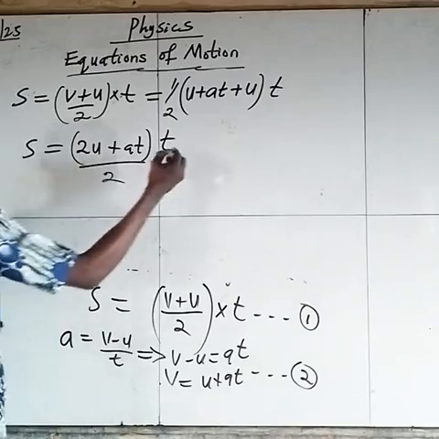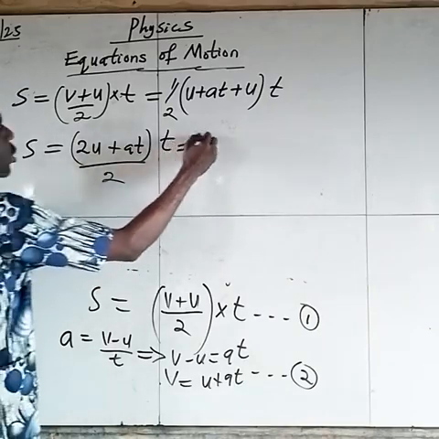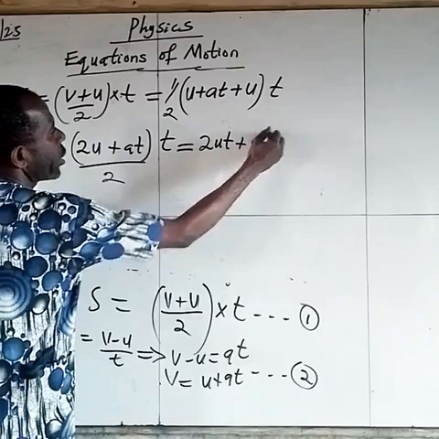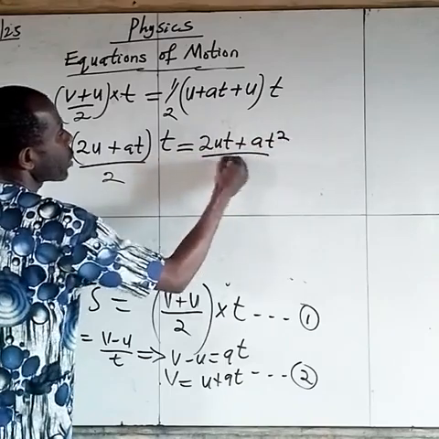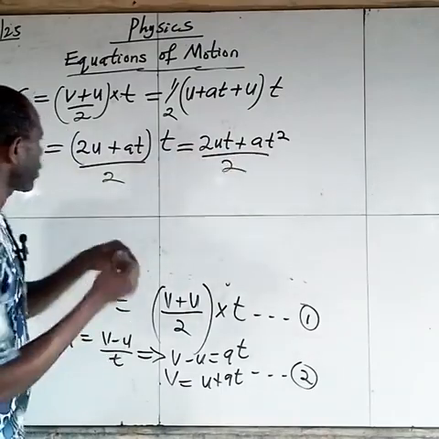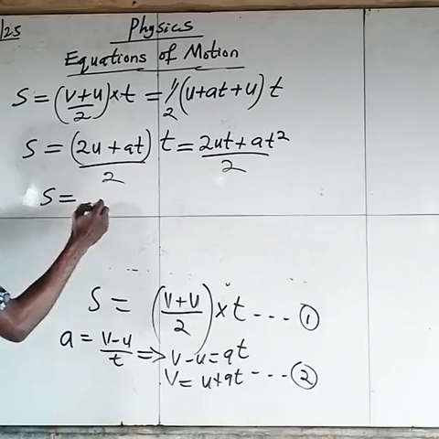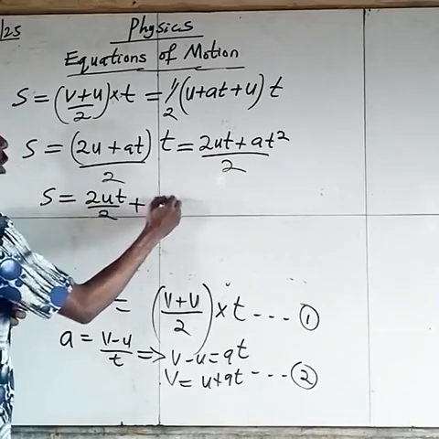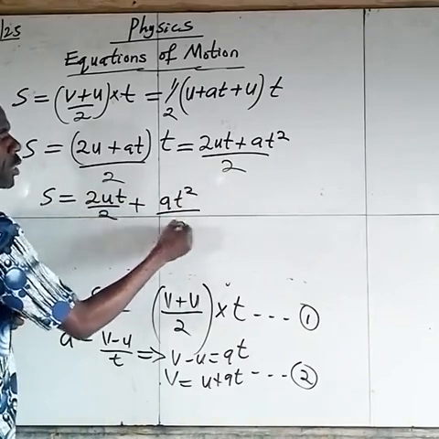Now distribute the t to both terms, becomes 2ut plus at squared, everything over 2. Now we are going to distribute the 2 to both of them, so s becomes 2ut all over 2 plus at squared all over 2.